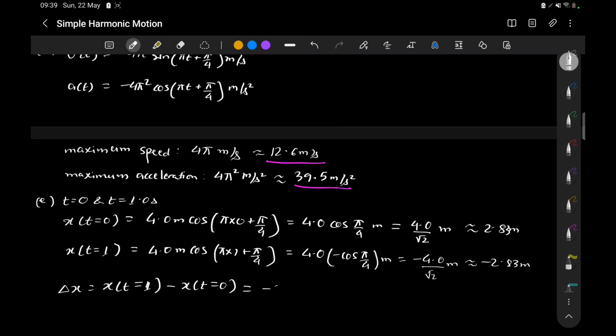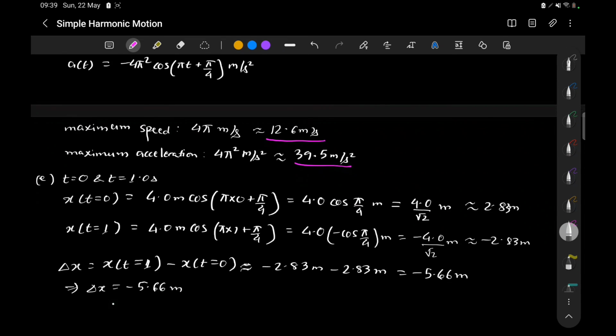So our displacement is minus 5.66 meters. This solves the question.